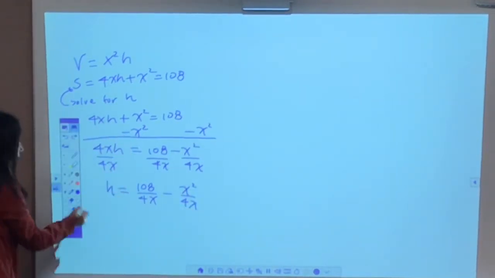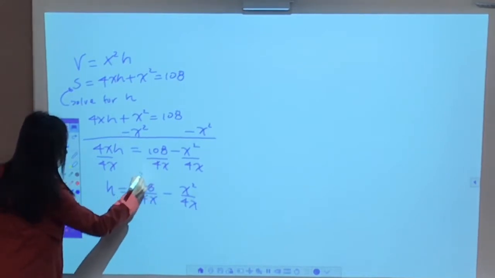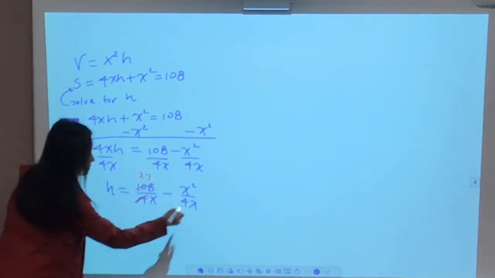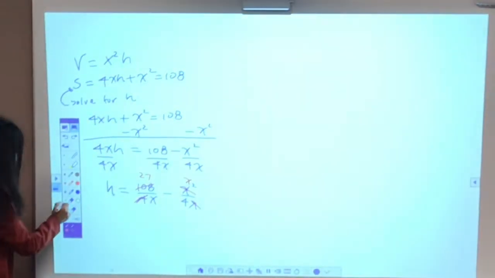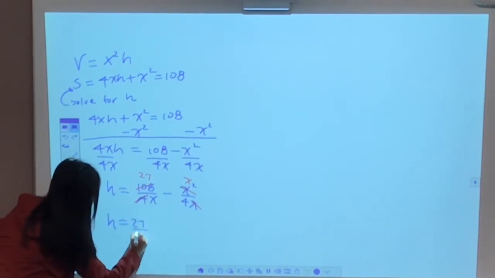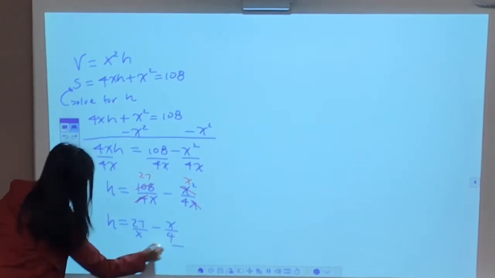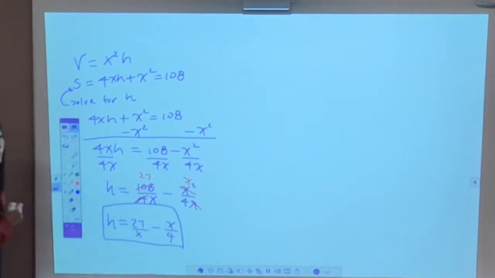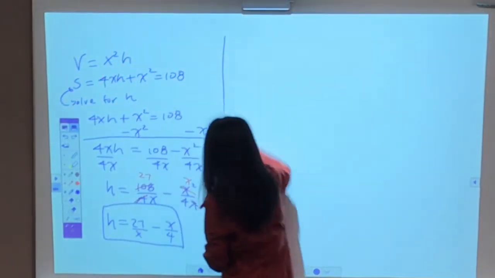And let's just simplify it. That becomes 27, and that becomes just x. Is everybody with me? So my h is 27 over x minus what? x over 4. Is everybody with me?